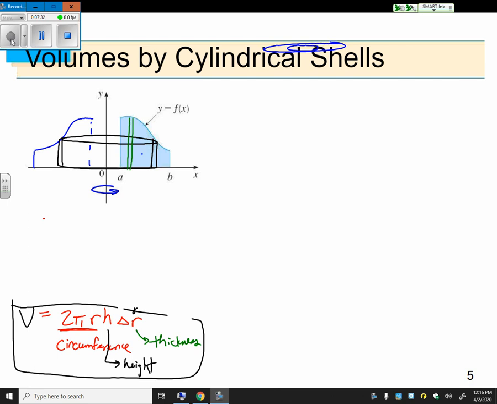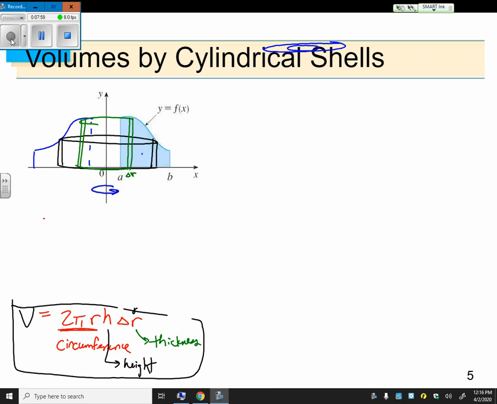If I would have rotated that approximating strip going around, I would have got a much taller cylinder. And if I keep adding up the volume of all of these cylinders, it should eventually tell me what the entire shape is going to look like. Okay? So the idea is to make all these little approximating strips, delta R, as small as possible.